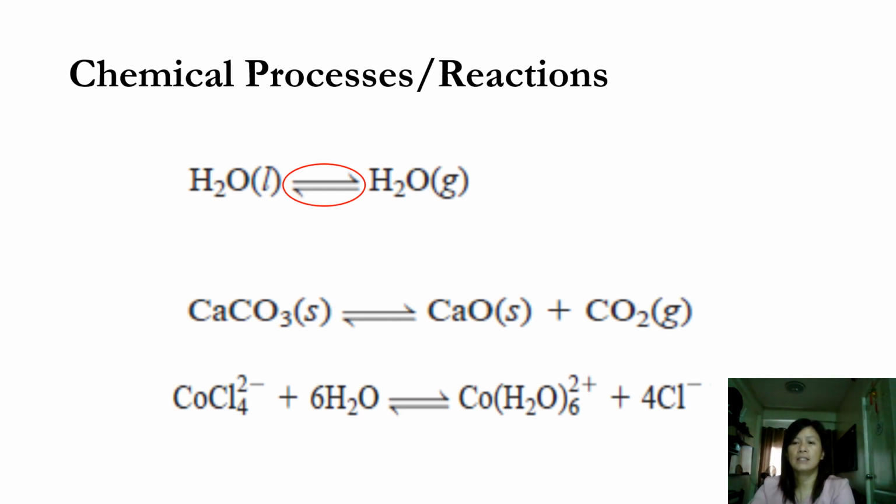If it is in a closed container, for example, the gaseous water will form water again when the temperature becomes lower. So if it is in a closed system, evaporation occurs, and condensation as well.